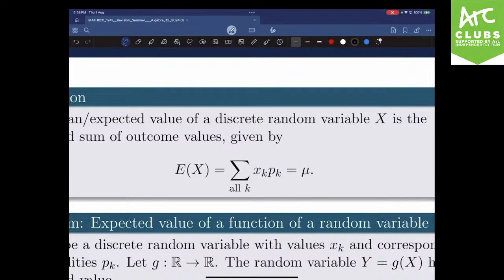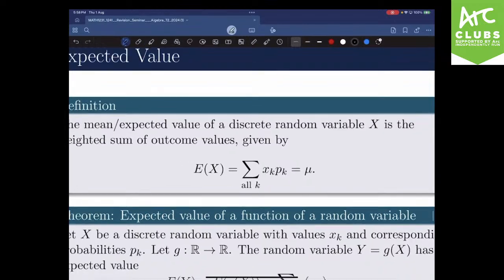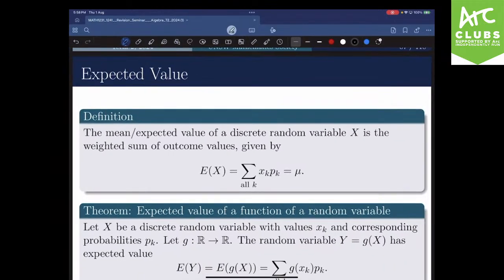If I want to find my expected value of x, I simply multiply all of these possible outcomes x_k by their respective probabilities to give this weighted outcome. It's weighted in the sense that things that are more likely have a higher weighting, and hence a higher probability. So when I add all of these things together, I expect to get the mean value. If I repeat this experiment multiple times, it will tend towards this expected value here.